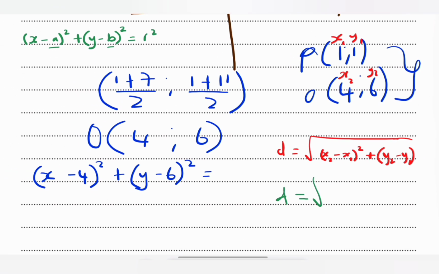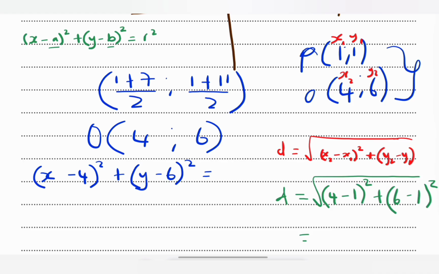So our d will be equal to the square root of (our x2, which is 4, minus x1, which is 1) squared, plus (our y2, which is 6, minus our y1, which is 1) squared. Punching this into our calculator, we get 4 minus 1, that's 3, squared, that's 9. We do it again, 6 minus 1, that's 5, squared, that's 25.